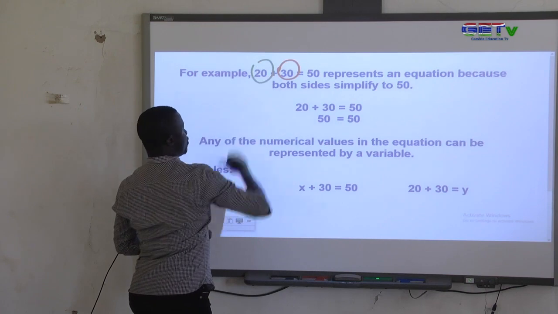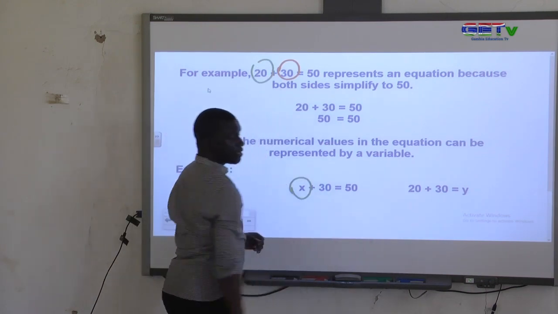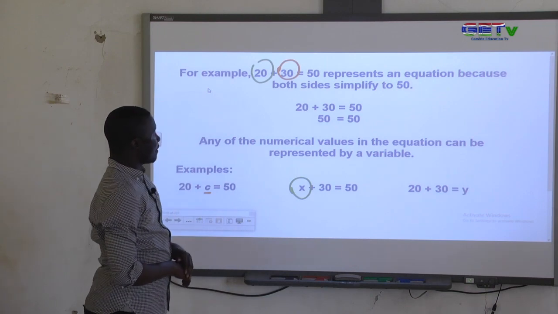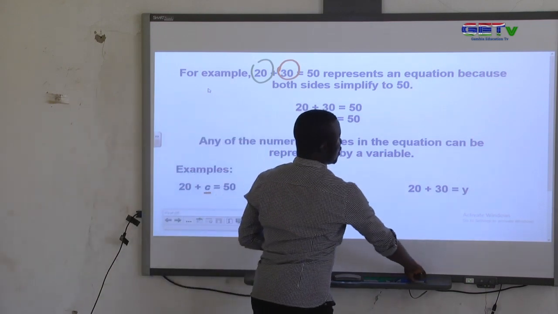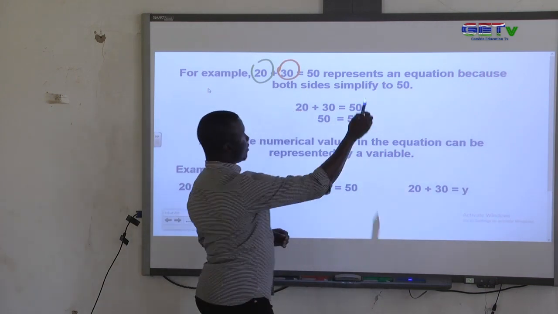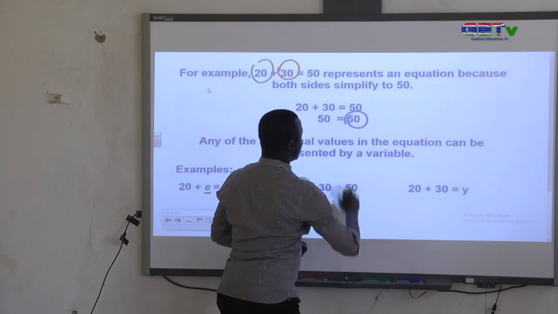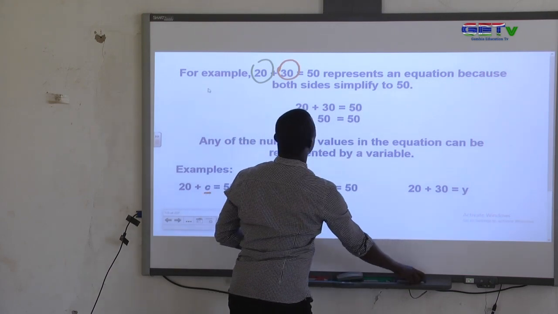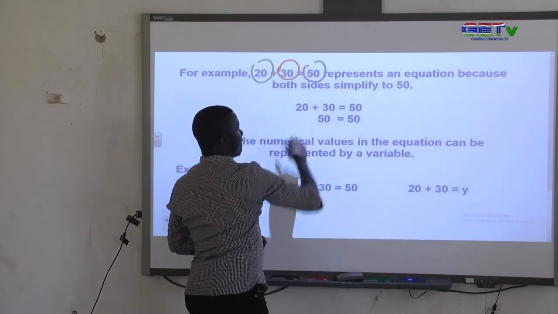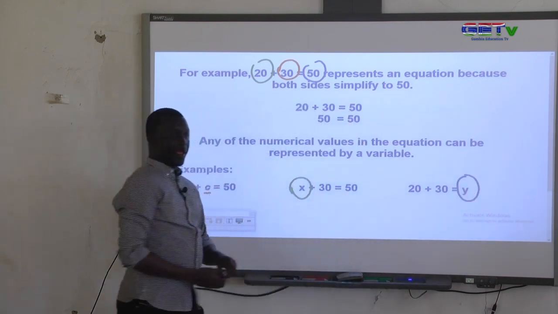We have replaced 20 here with another variable X. And then we can further see 20 plus 30 equals Y. We have replaced 50 with a variable Y.